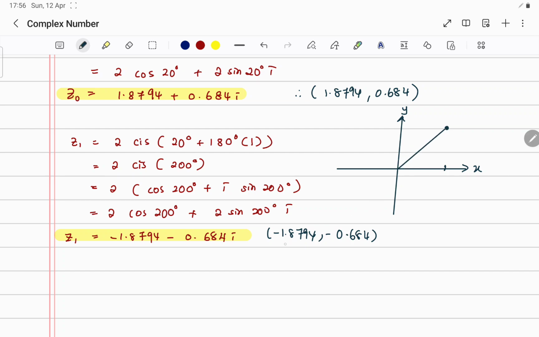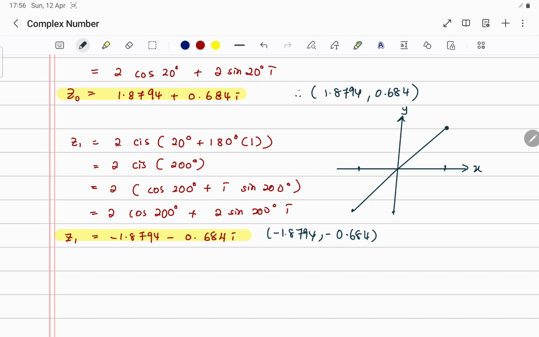Another one we have negative 1.8794, so maybe around here, and another one we have is negative 0.684, which is maybe around here. So by right, this is a straight line like this. So this is how you show or indicate the two roots on the Argand diagram.